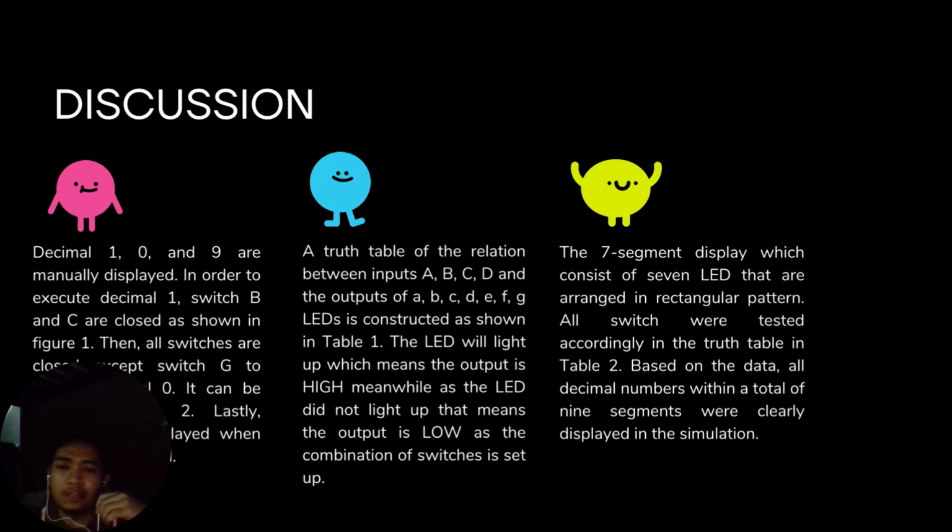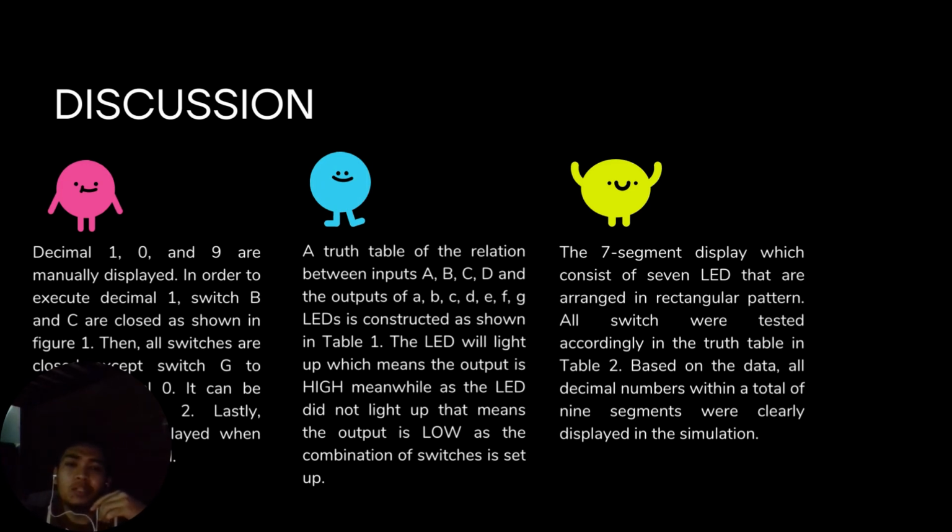Meanwhile, for the 7-segment display, which consists of 7 LEDs arranged in a rectangular pattern, all switches were tested accordingly. Based on the data, all decimal numbers within a total of 9 segments were clearly displayed in the simulation.